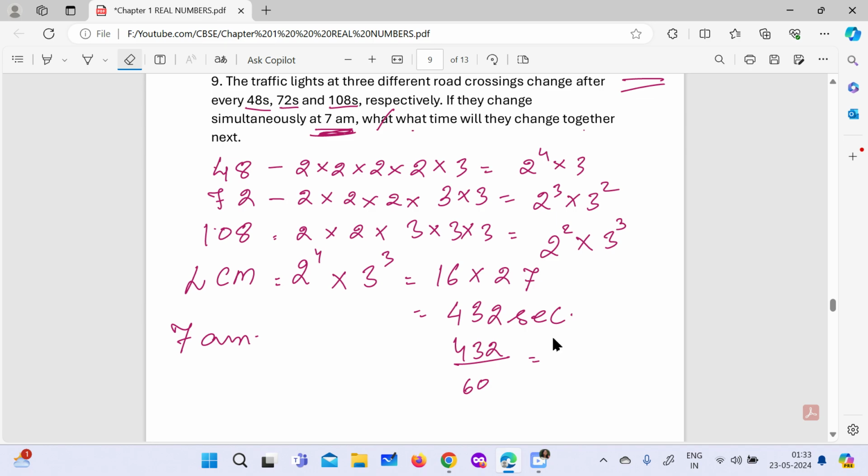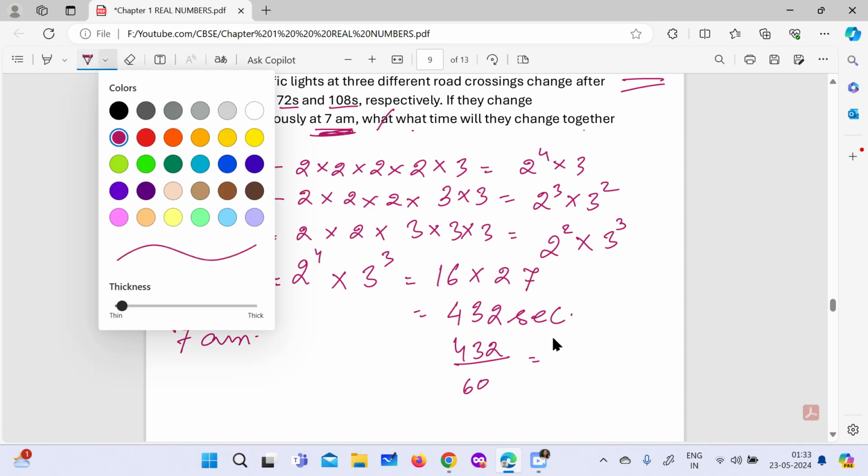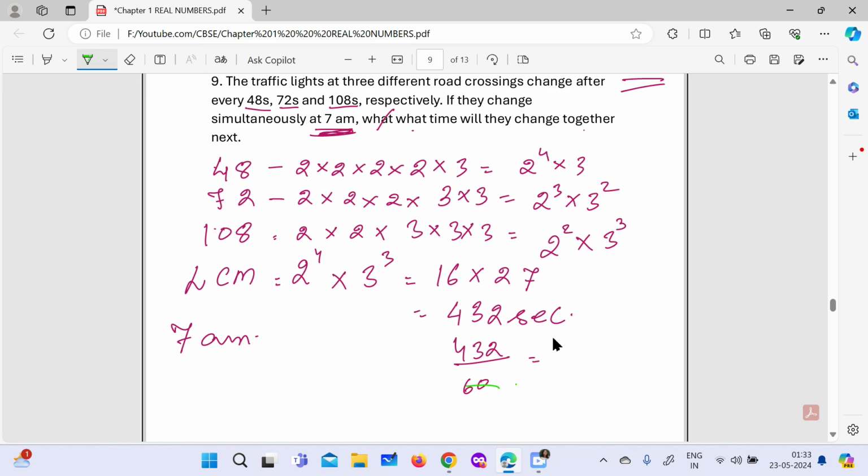Let me do it like this. 2 to the 4, 2 to the 2, then we can write it as 216 divided by 30. So 7 times 30 is 210, and here we have 6. I hope this is clear to everyone.